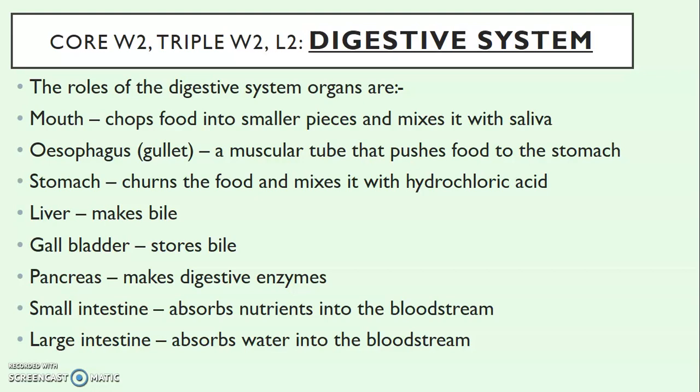And what you need to know is what each of these do, and in an exam they will often ask you which bit on this diagram is where bile is made. So make sure that you can link them to a diagram as well.